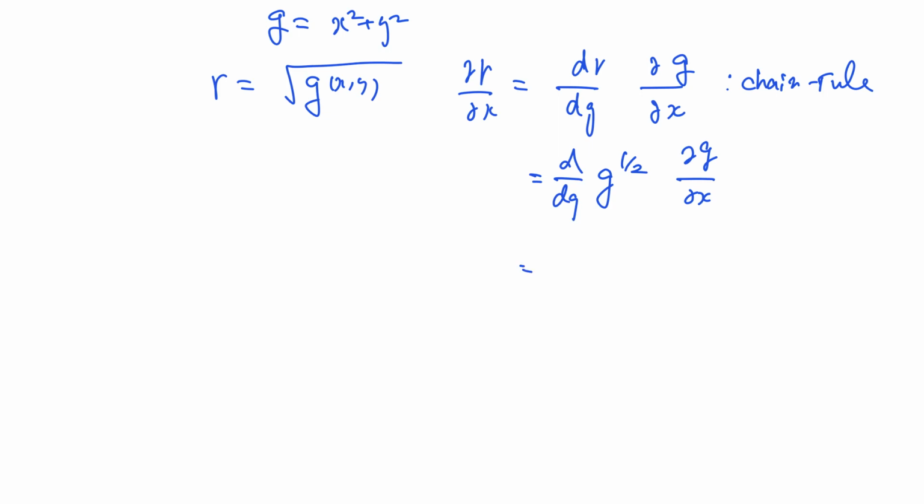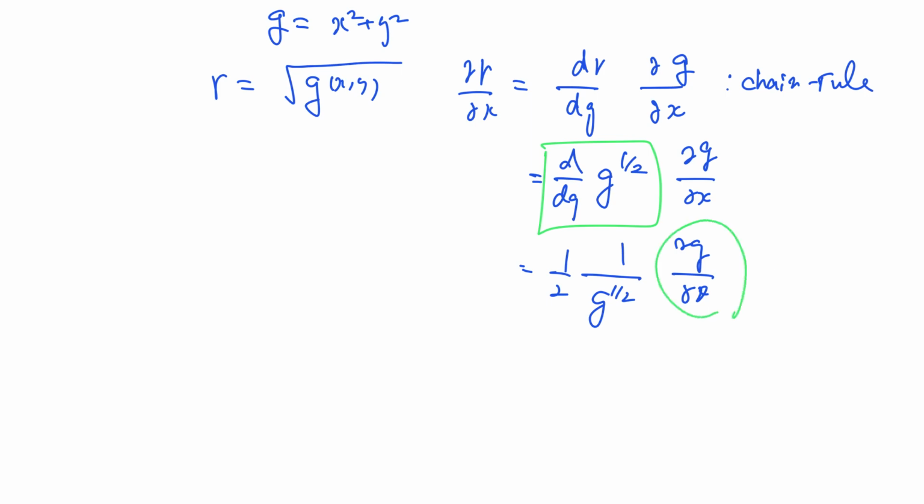But this is what? We already know this, right? This is 1/2 g to the minus 1/2 times partial g over partial x. But partial g over partial x is what? This is 2x because g is x squared plus y squared.